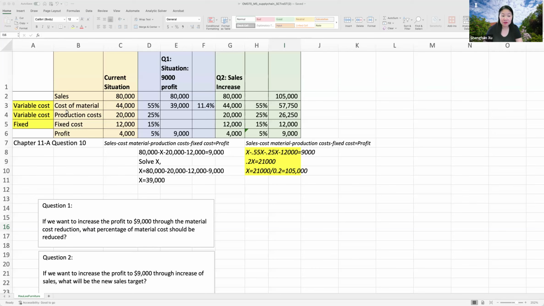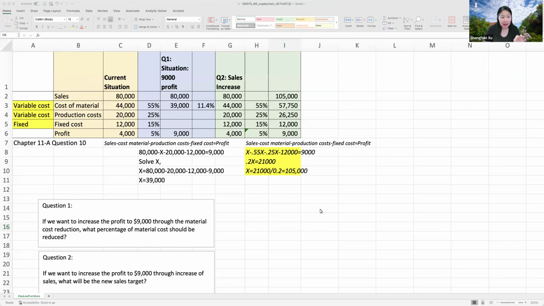So your sales probably is a different number, your cost of material is a different number, but overall the problem design is exactly the same. So I want to explain this problem a little bit so you can know how to tackle this type of problem and design the strategy for it.